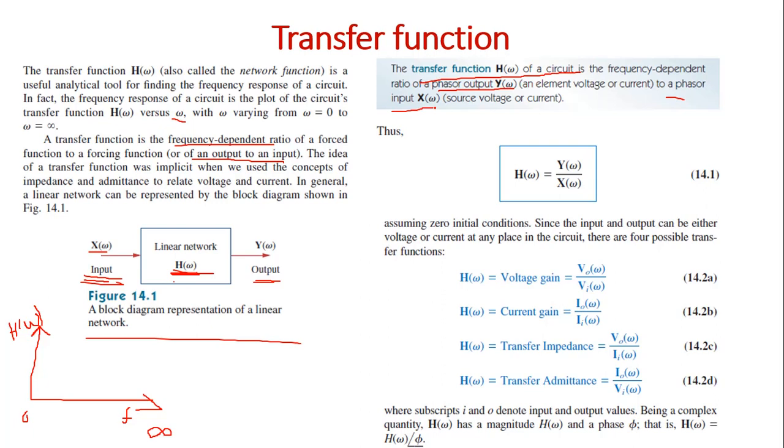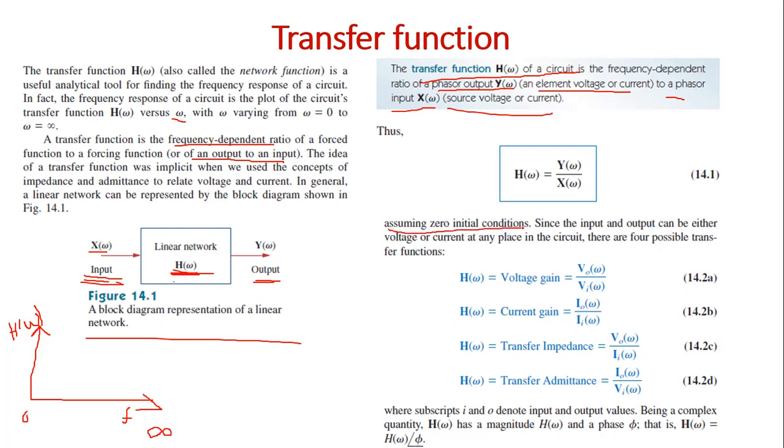In an electrical circuit, the output will be some current or voltage across any particular element, so that's why it is given as an element voltage or current. And the input will be the source voltage or source current, assuming zero initial conditions.